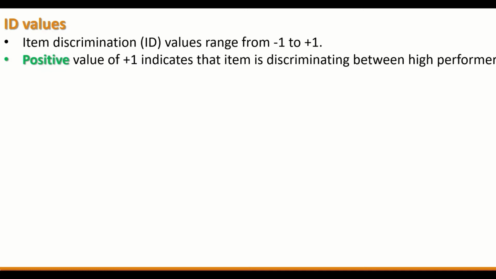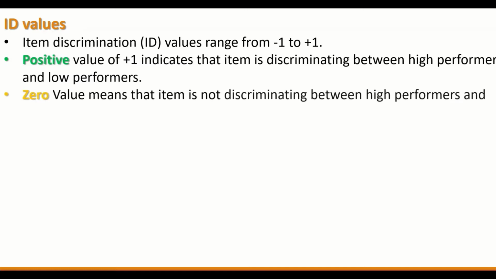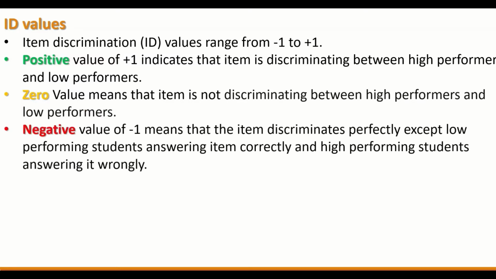A positive value of +1 indicates that the item is discriminating between high performers and low performers, and +1 indicates a perfectly discriminating item. Zero means that the item is not discriminating between high performers and low performers.